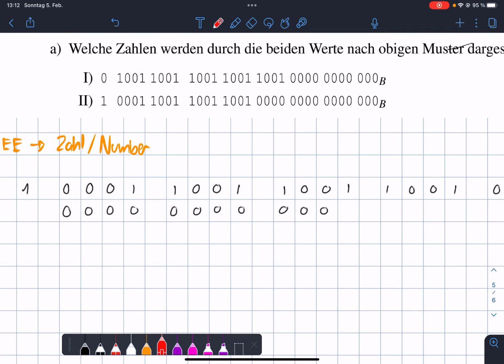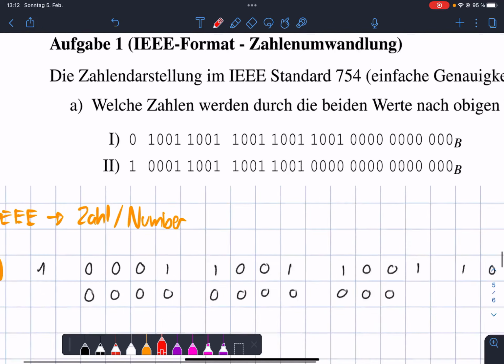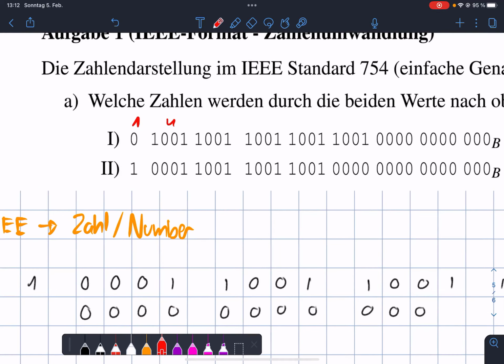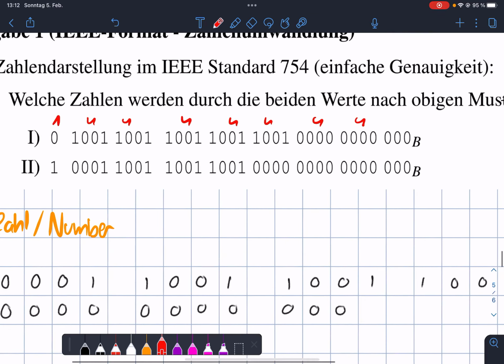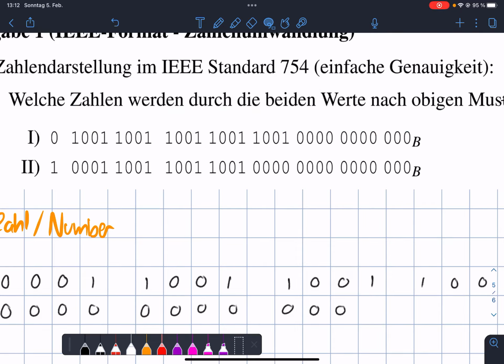It's important to understand that the amount of numbers in this has to be equal to 32. So we count this. We have 1, and we have 4, 4, 4, 4, 4, 4, 4, and then 3. 1, 2, 3, 4, 5, 6, 7. 7 times 4 is 28, and 28 plus 4 is 32, as you guys can see. So we have 32 bits.